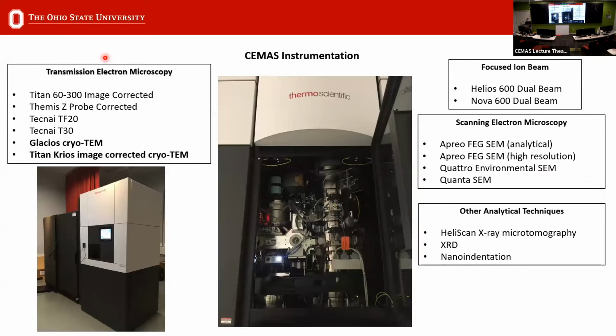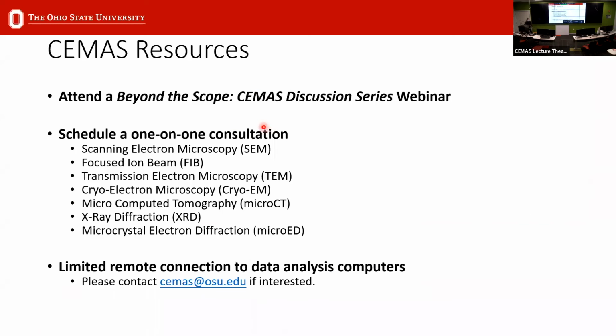After seeing this exciting list of instrumentation and capabilities that we can do here, if you're interested in learning more, there are several ways you can do that. One way is by doing exactly what you're doing now and attending the Beyond the Scope webinar series.